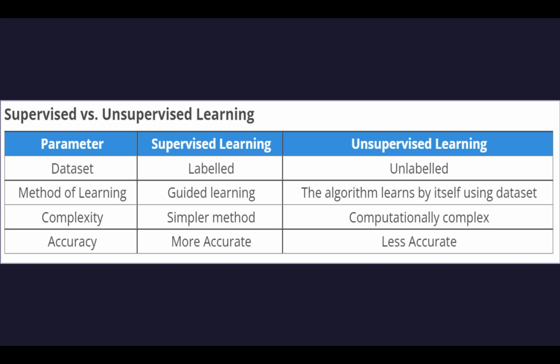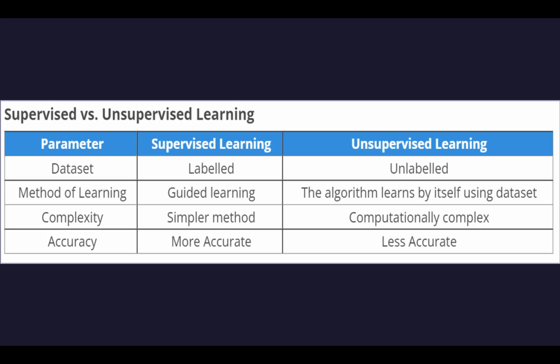The accuracy, I think it's obvious that supervised learning is more accurate because you are already telling and teaching the algorithm that this object is this and that object is that. You're basically organizing the data in a way which is easier to understand and easier to learn from, and the accuracy is higher for that type of machine learning.